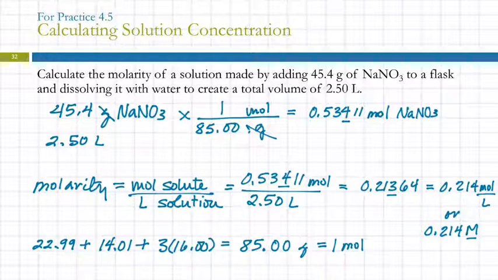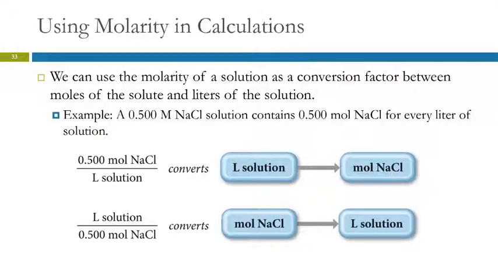You may have noticed in lab when we were using solutions that some of the bottles had things like 12 M or 0.1 M. That's telling the concentration of the solution. Chemists like molarity because when we're talking about chemical reactions, we need to think in terms of moles of things, right?